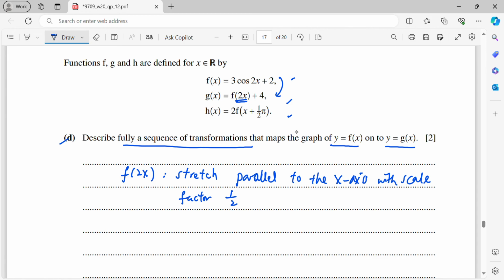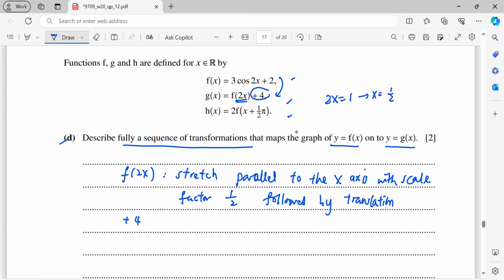Because of 2x, you let 2x be 1. That means your x is half. So that is the scale factor. Now there is a plus 4 there. The plus 4 is basically a translation. So f(2x) is a stretch, followed by a translation.